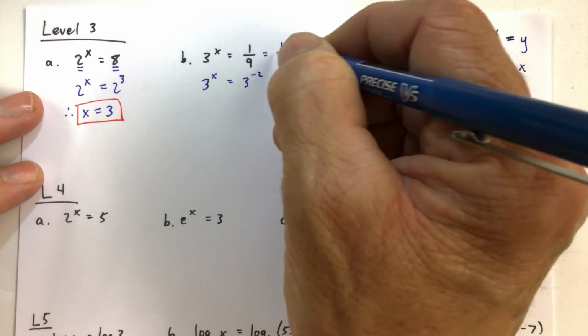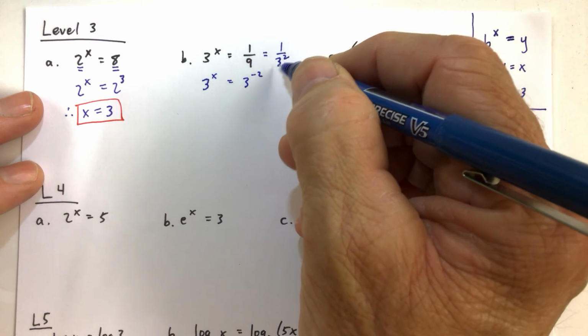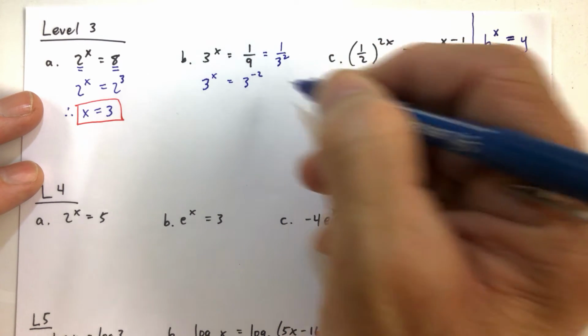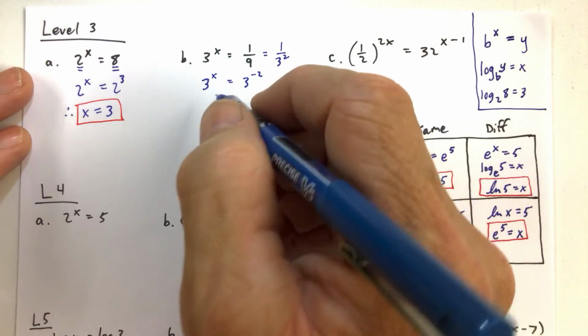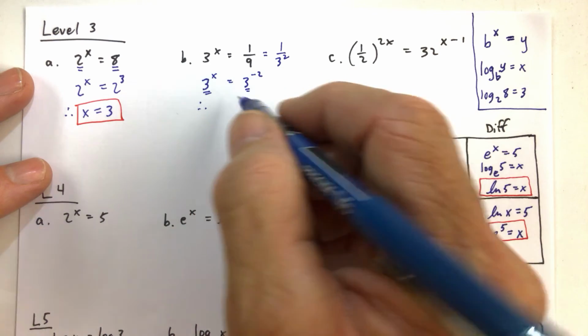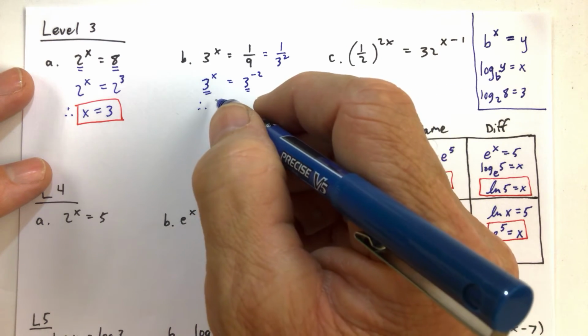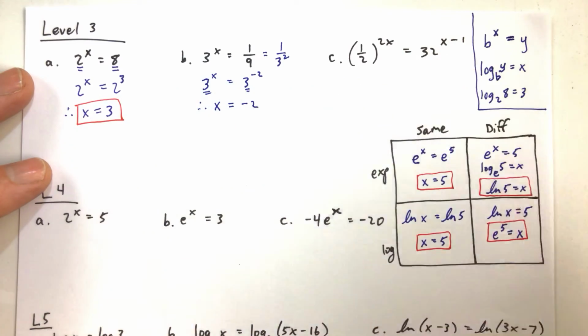Now again, 1/9 is 1 over 3 squared, and 3 squared in the denominator is 3 to the negative 2 in the numerator. All right, so that's a couple properties there of real numbers. And then again, now that we have both sides written as a power of 3, we would equate the exponents. X is equal to negative 2.